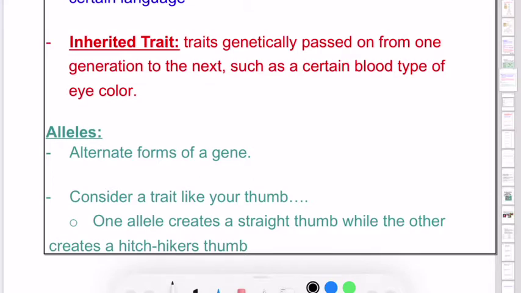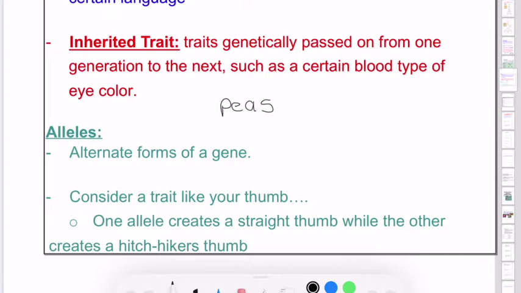So on here they've got the word alleles, and I was just looking to see exactly what they mean by this. Alleles are basically just different forms of the gene. When we're talking about peas, for instance, we use letters to represent the different traits.